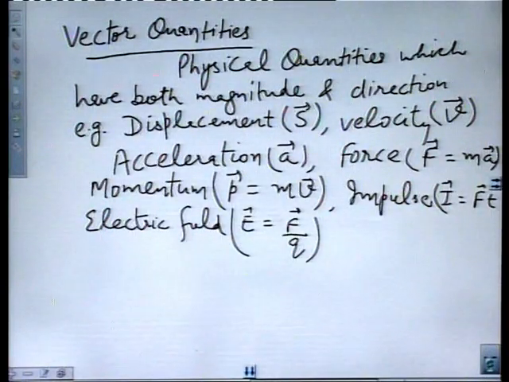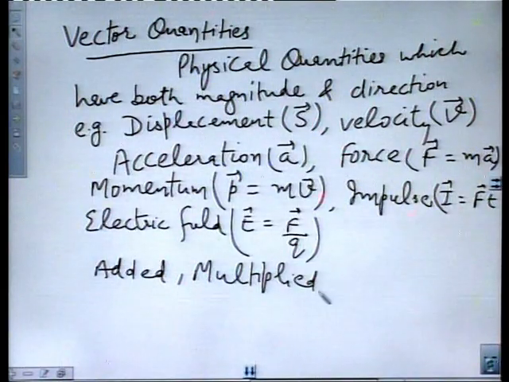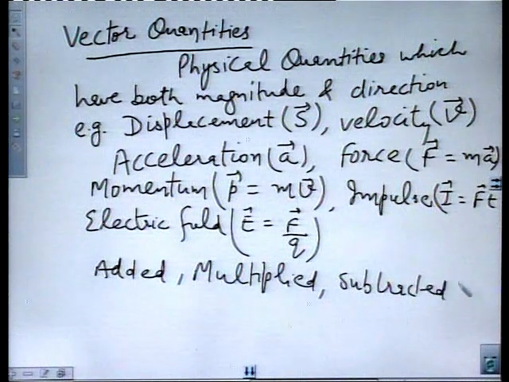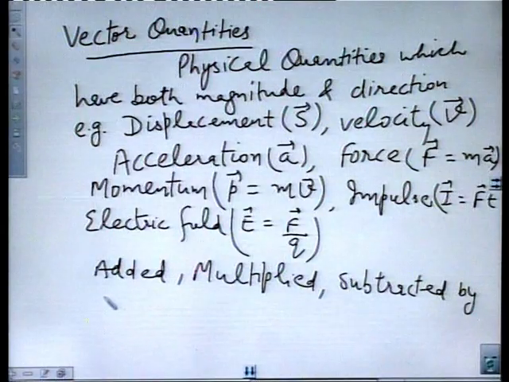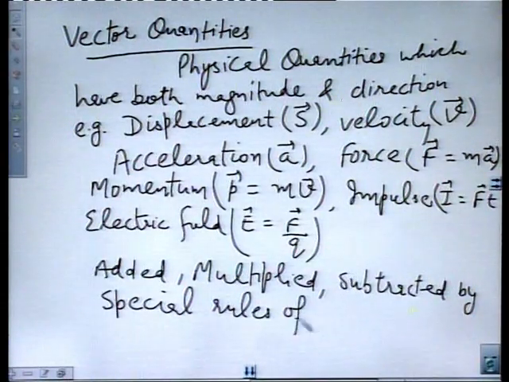So all these are the examples of vector quantity. Remember that vector quantities are added, multiplied and subtracted by special rules of vector algebra.